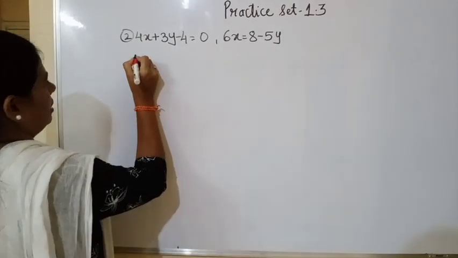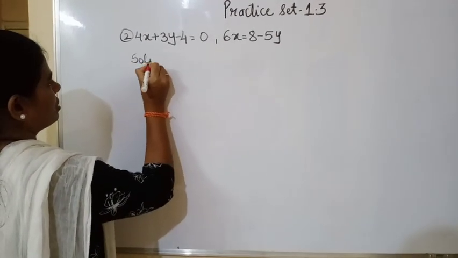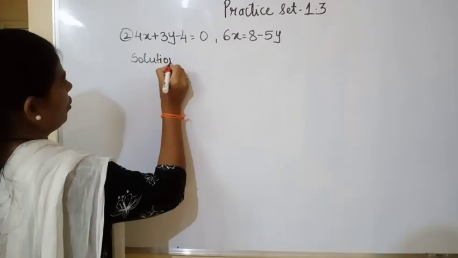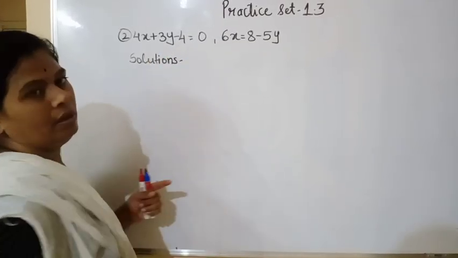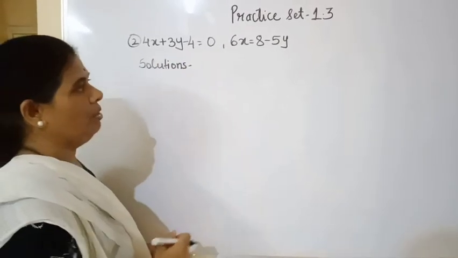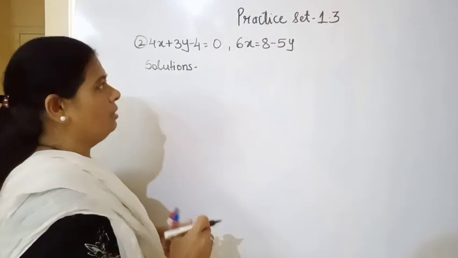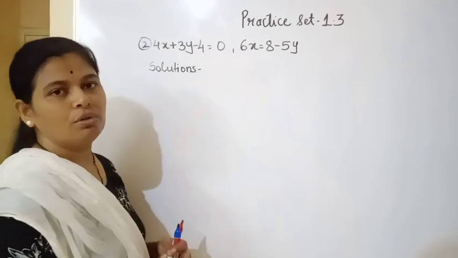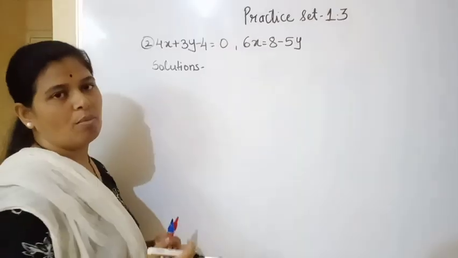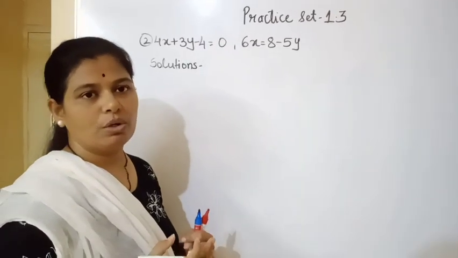Now you can see there are two equations: 4x plus 3y minus 4 equal to 0, and 6x equal to 8 minus 5y. We have to arrange both equations because they are not in the form ax plus by equal to c.